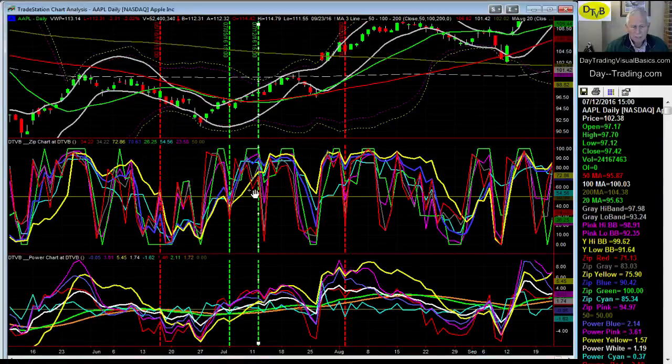You could carry this example through one more day after the zip yellow and power yellow disappear as the lowest lines. But watch your other indicators, because they'll tell you if it's going to go up or down in all likelihood.